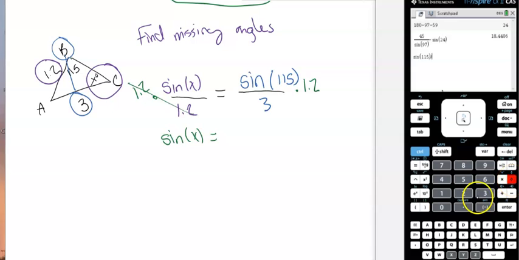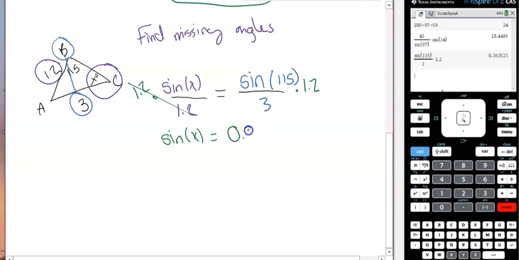Divided by 3, times 1.2. And that gives me 0.36253. You want to keep as many decimal places as you can here, because if you lose decimal places, you might get the wrong answer. It's such a small number, more of the decimal places are going to matter.